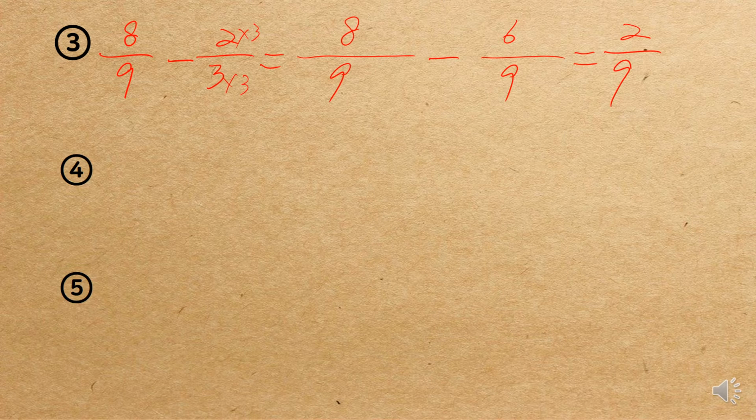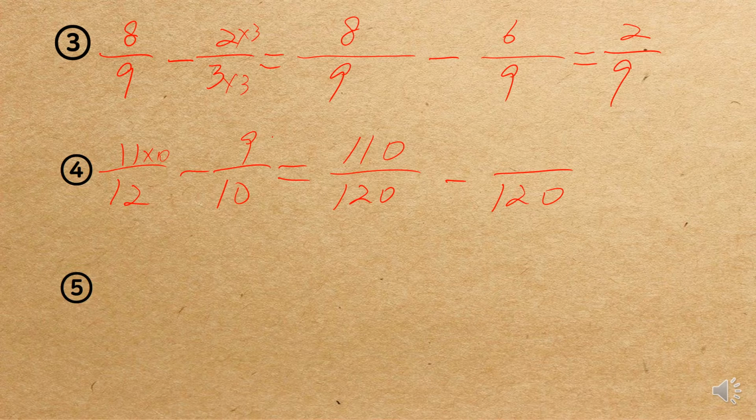Question 4. 11 over 12 minus 9 over 10. 12 times 10 becomes 120. So 11 times 10 equals 110. 9 times 12 equals 108.